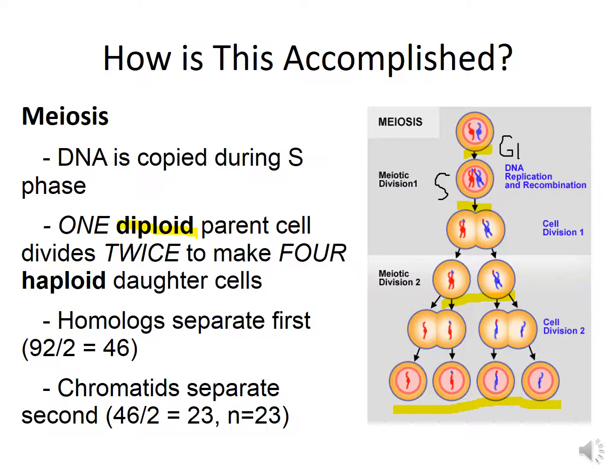If we divide those in two through one division, that number is going to come down to 46. And then if we divide them again, it's going to come down to 23. 46 divided by 2 is 23. So now since there's only one copy of each chromosome in the cell, we say that that cell is haploid, and its number is 23.